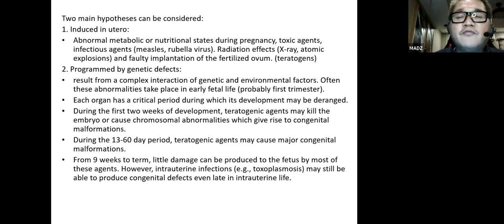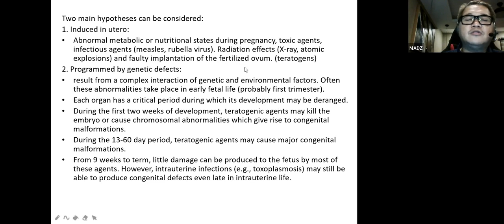Radiation effects like X-ray or atomic explosions, and faulty implantation of the fertilized ovum are also considered teratogens. So the abnormal metabolic and nutritional states, and other teratogens, are those to which the baby was exposed while in utero.